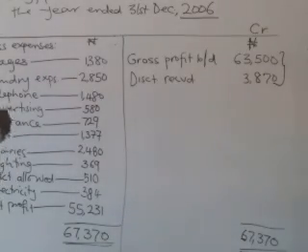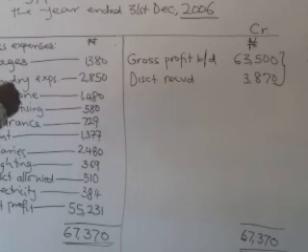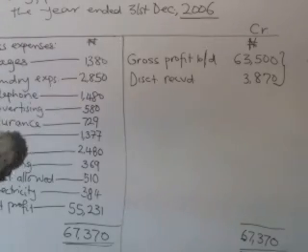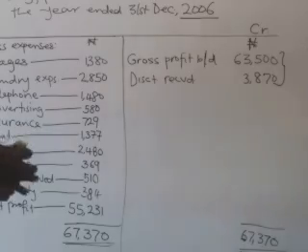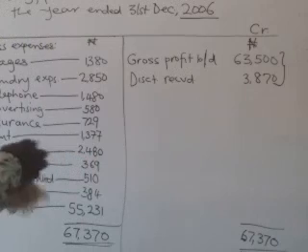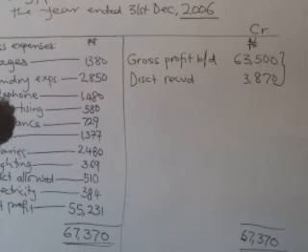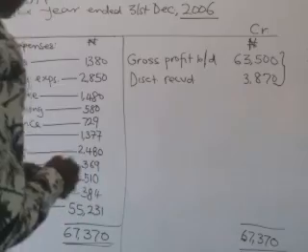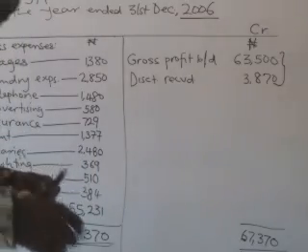Like I said in our last class, the trading account is prepared so as to get the gross profit. For the gross profit, we just took note of the sales and the items on the debit side. On the debit side, I'm referring you back to the trading account earlier prepared.